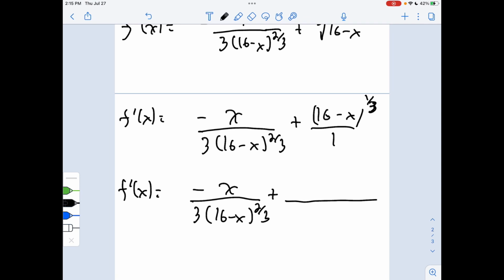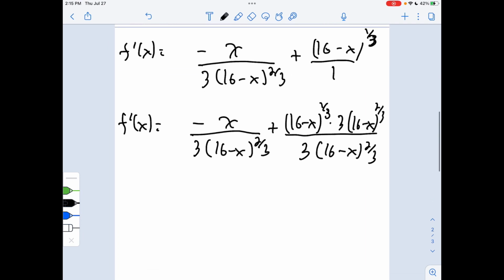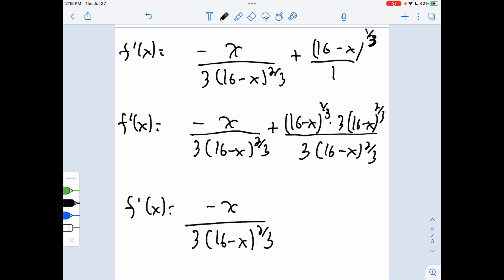So the common denominator would have to be 3 times 16 minus x to the 2/3. So that 16 minus x to the 1/3 would be multiplied by 3 times 16 minus x to the 2/3. So you get minus x plus, we add these exponents together, you get 3/3, which is 1.